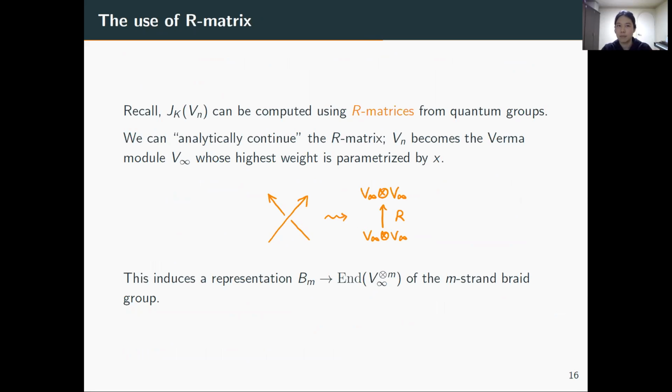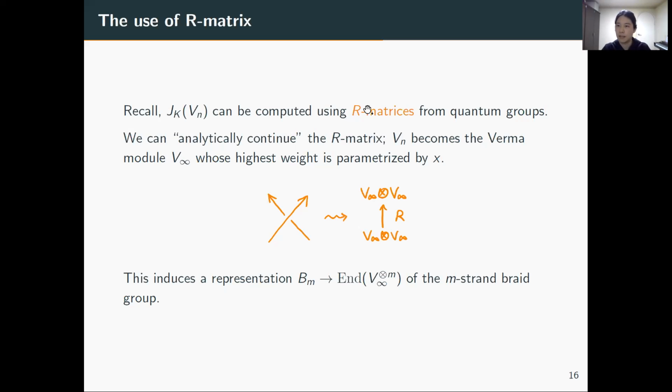Let me now describe a bit about the use of the R-matrix in the context of FK. Recall that colored Jones polynomials can be computed using R matrices from plumbed groups. And the crucial observation is that we can analytically continue these R matrices in the color variable.